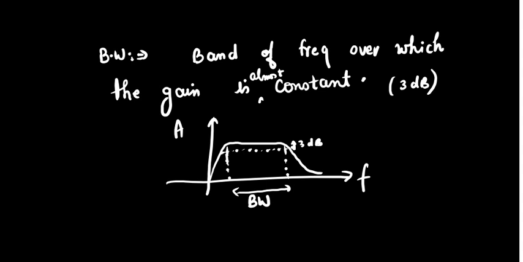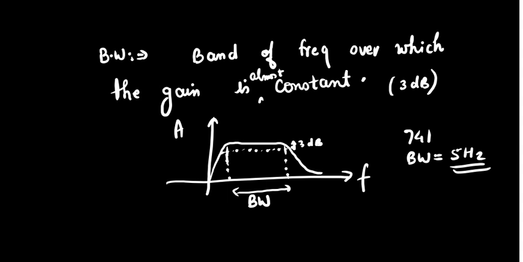So practically, for 741, what is the practical bandwidth? 5 Hz only. If your signal is outside this range, outside 5 Hz, you cannot amplify it.